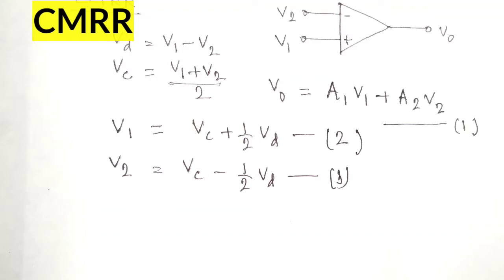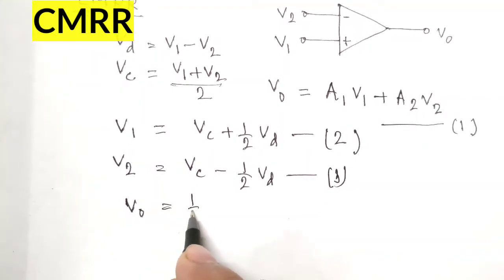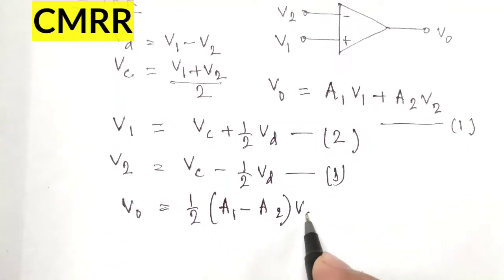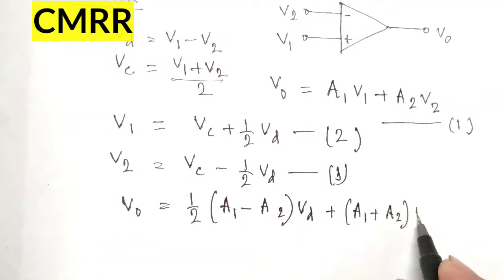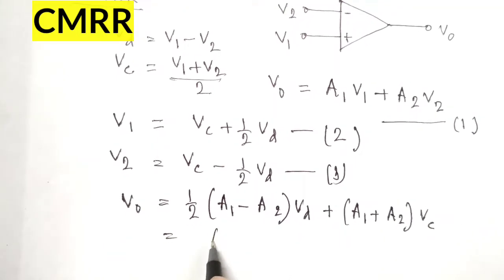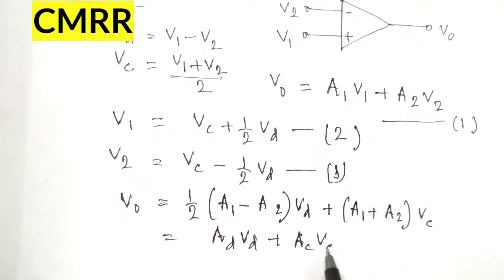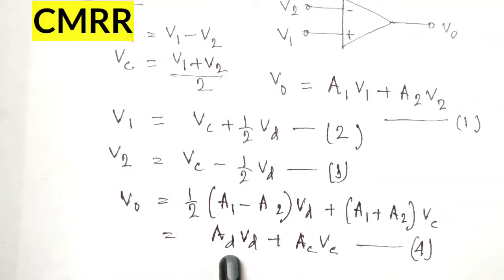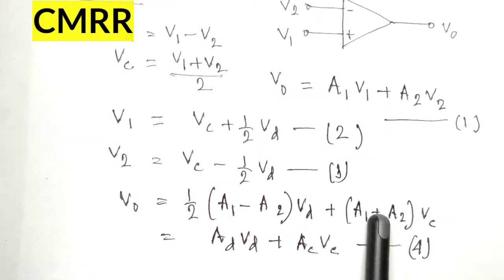Substituting V1 and V2 from equations 2 and 3 in equation 1, we get V0 equals half of (A1 minus A2) into Vd plus (A1 plus A2) into Vc, that can be written as AD Vd plus AC Vc, equation 4, where AD equals half of (A1 minus A2) and AC equals A1 plus A2.